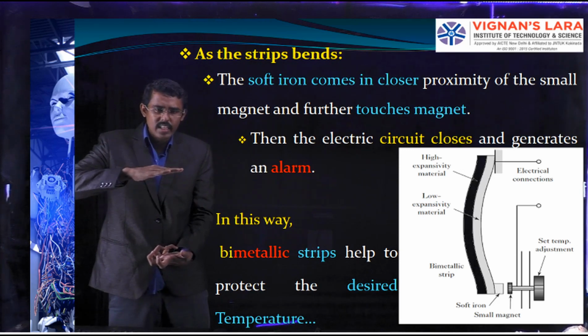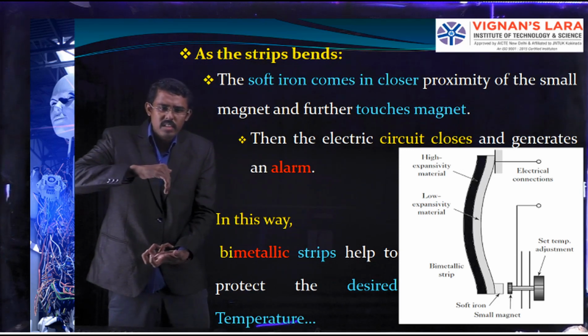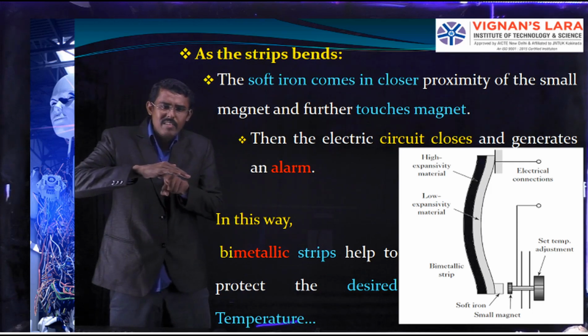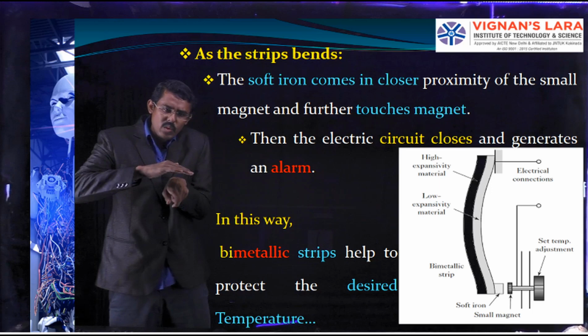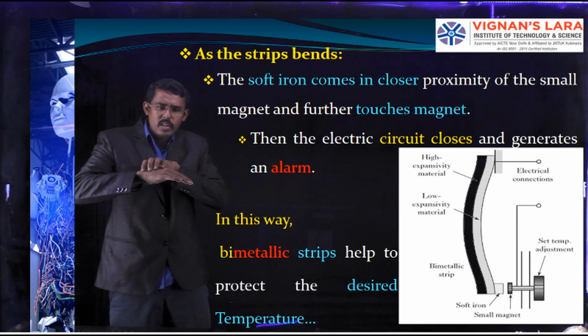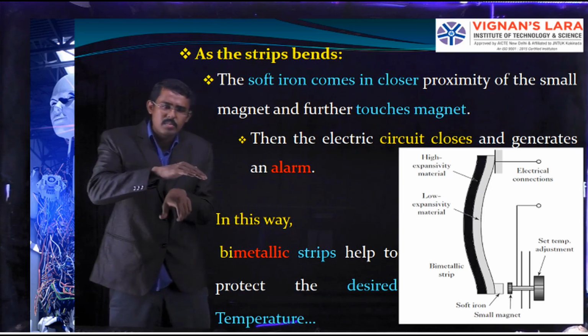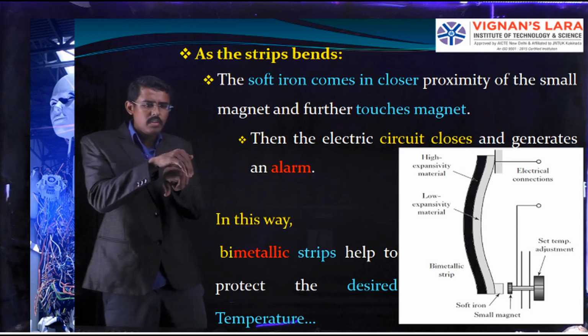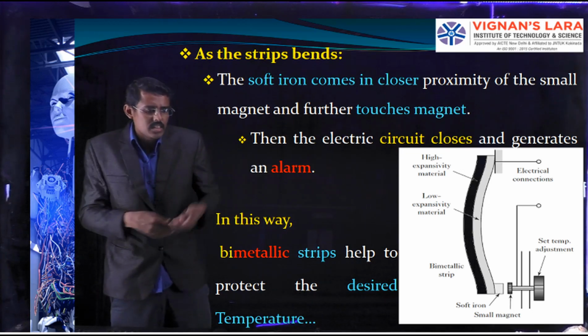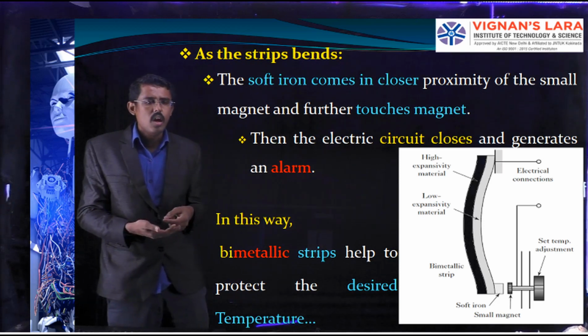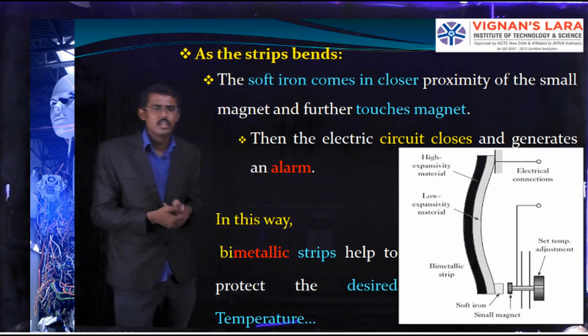When it is heated, due to thermal expansion, it bends. The lower part having less thermal expansion bends inward, and the high thermal expansion part enlarges. So it bends and touches the bottom part of the magnet. Then it may be an activation or a deactivation of the switch.